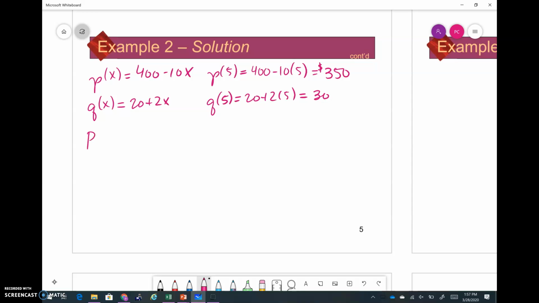And our maximized profit, so that profit function, which was 4,000 plus 200x minus 20x squared, putting 5 into that profit function gives us $4,500 a week.